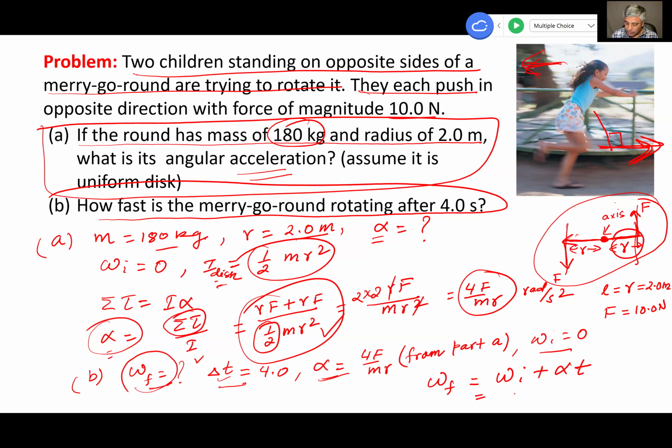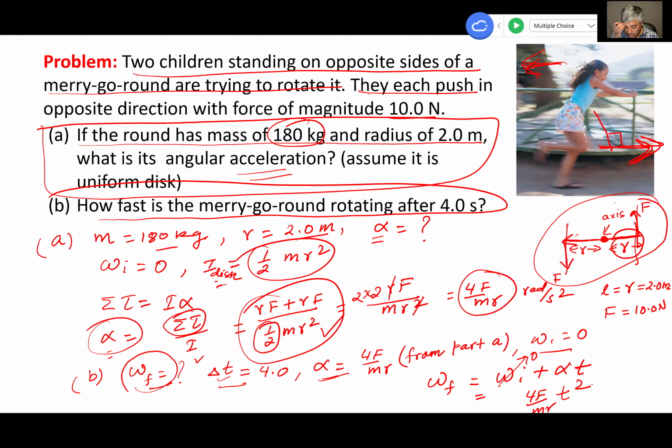Okay. So omega f, so this is 0. And alpha is, if you have the number, you can use that without rounding here. Since I don't have it, I'm just using this. Alpha times delta t squared.